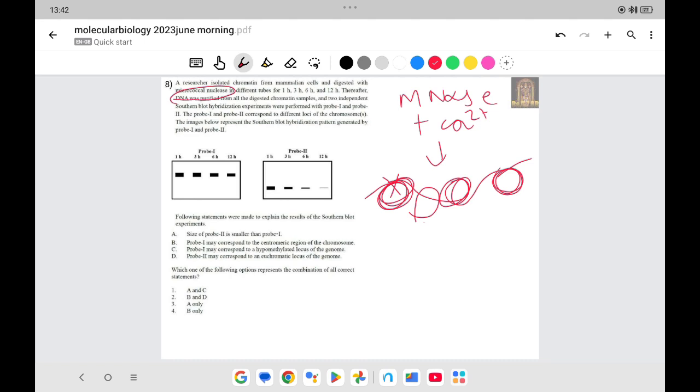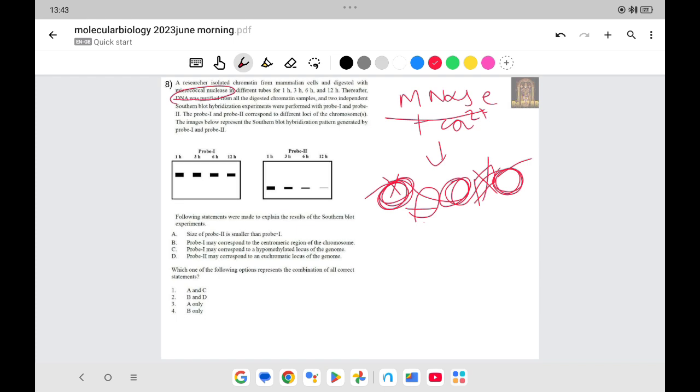But the portions which are accessible, it can bind to and cut. This is a free accessible place for MNase, so it can come and cut this site. But if some other proteins, like DNA binding proteins, come and bind to these accessible portions, they will no longer be accessible to the MNase. In that case, it will not be able to cut the site.